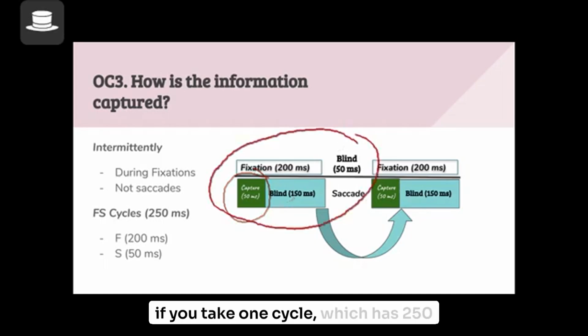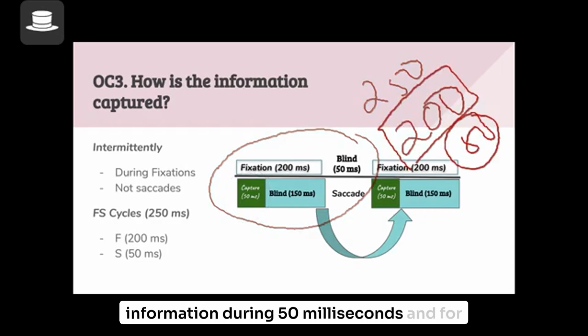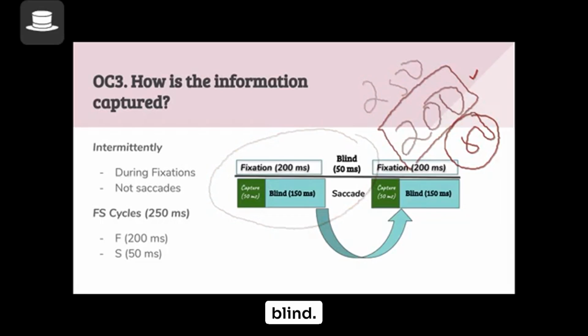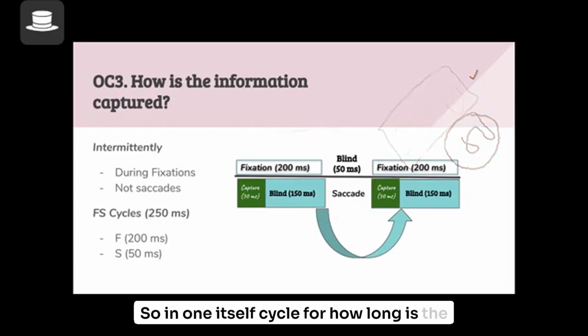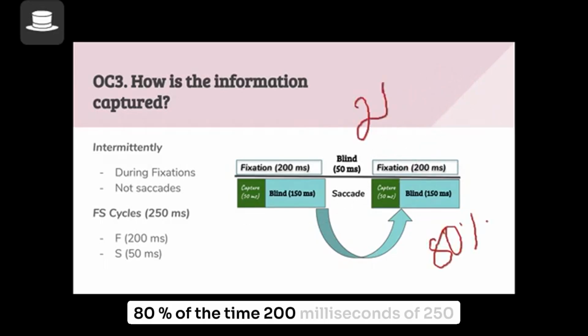If you take one cycle of 250 milliseconds, you're only capturing information during 50 milliseconds, and for the remaining 200 milliseconds, you are blind. So, in one SF cycle, for how long is the system blind? 80% of the time. For 200 milliseconds of 250 milliseconds, you're blind.